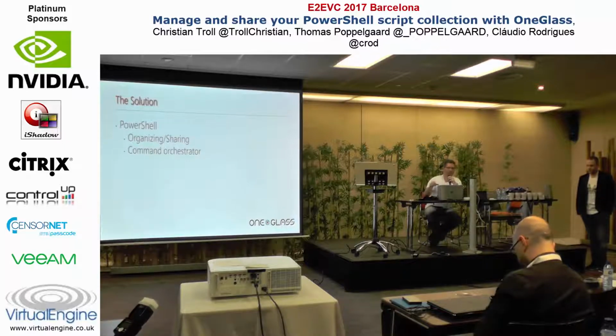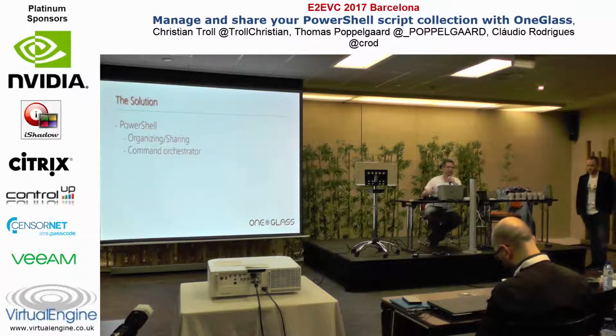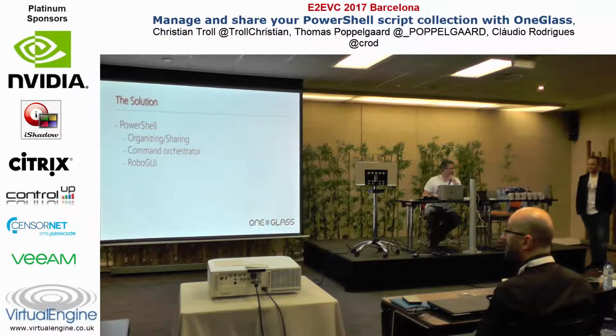If it is Hyper-V, depending on which version it is, Xen Server, and so on, it translates into the correct technology and executes this action. And with these virtual command names, you can do almost anything. So you can define whatever you want behind it. With the RoboGUI, which is what we show now, you can import scripts and get the parameters and the stuff visualized, so that anyone else can use it properly.